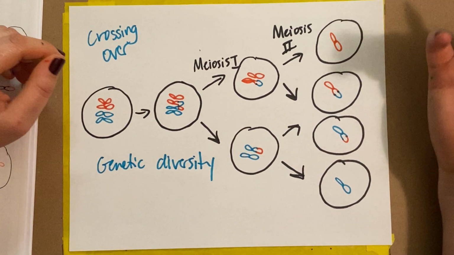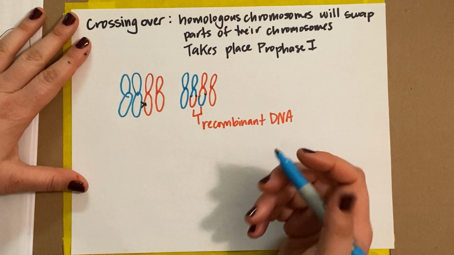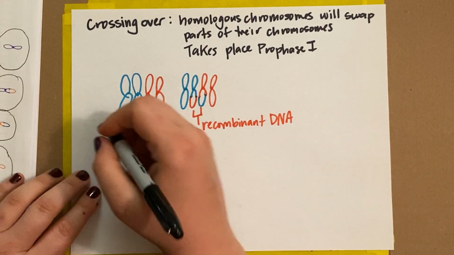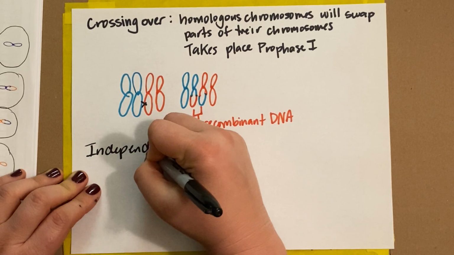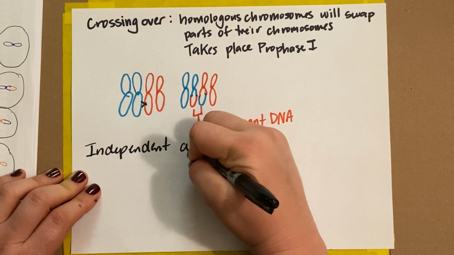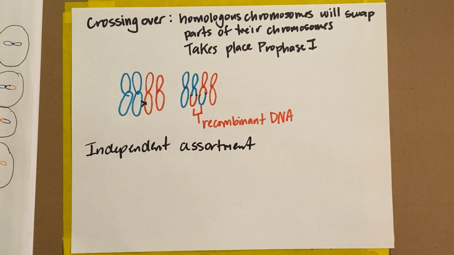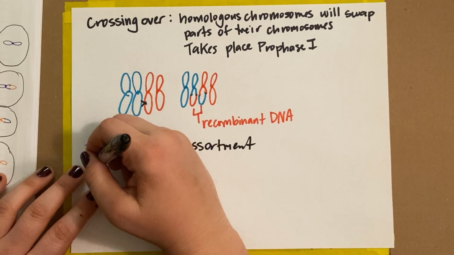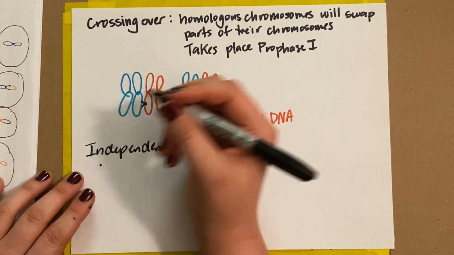Now, an additional way of doing recombination is we're going to do something called independent assortment. Okay, and so when we talk about independent assortment, this is basically how the chromosomes line up in metaphase.